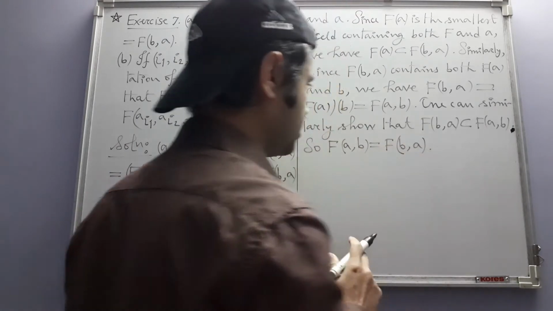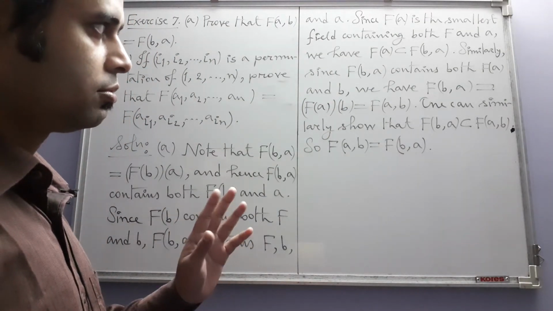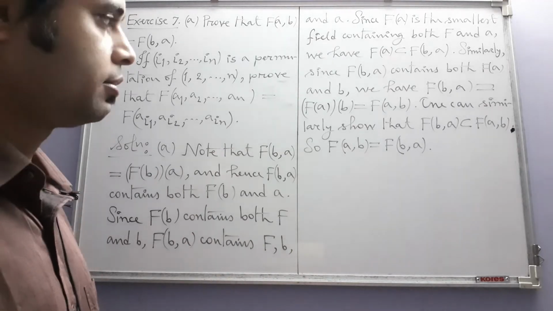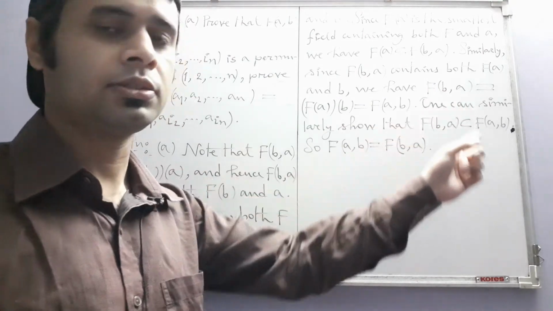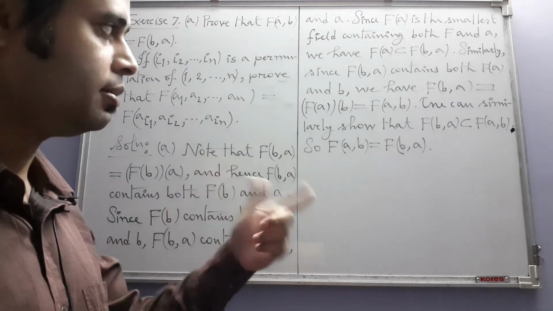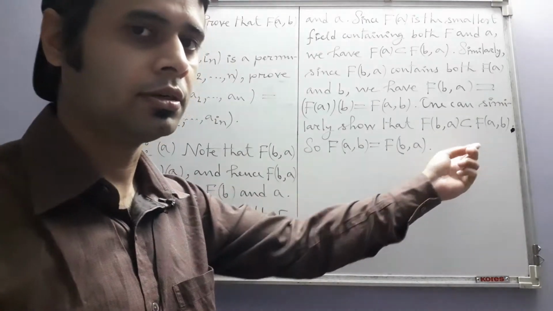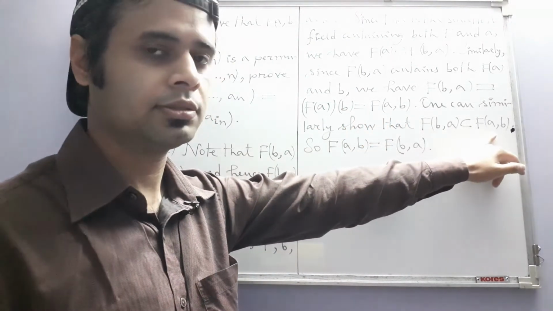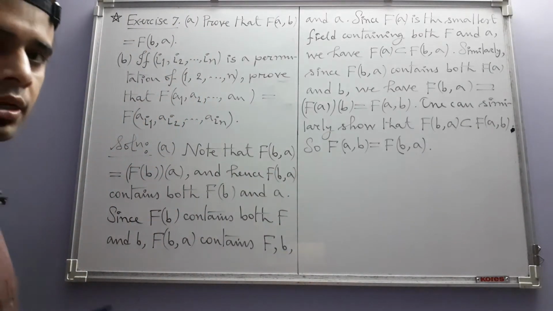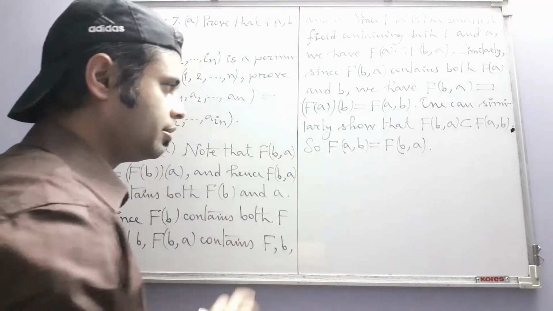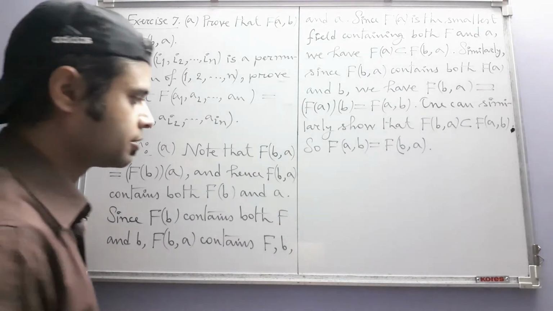Although we are writing that one can similarly show the other inclusion is also true, truly speaking there is no need for that, because whatever we have proved here has been proved for general A and B. So you can interchange A and B, and that itself will give you the other inclusion. So from symmetry we get this other inclusion and hence the equality. So this is part A. Interchanging two elements in this way does not affect the field extension.